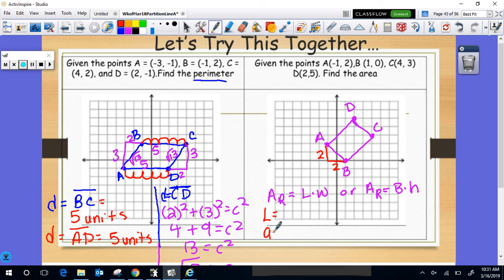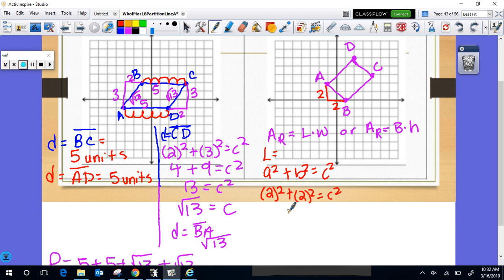I'm going to use the Pythagorean theorem to find the length so that I can go back and find the area of the whole thing. So 2 squared plus 2 squared equals C squared. So we get 8 equals C squared, so the square root of 8 equals C. So the length of this side is the square root of 8. Now I need to find the length of this side, and then we're in the game.